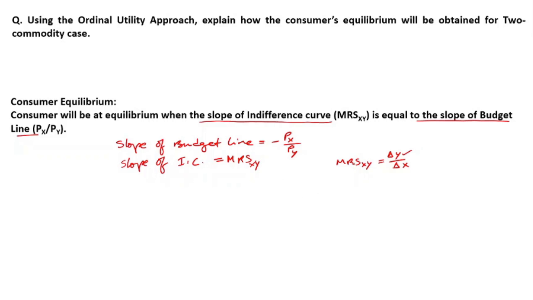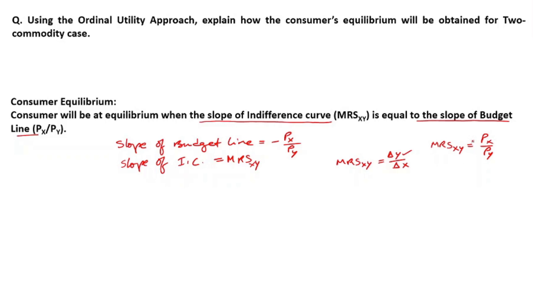Since MRS is assumed to be diminishing, that is MRS is always negative, in the case of consumer equilibrium in the ordinal utility approach we can write the definition as MRS equals px divided by py, ignoring the negative sign because both are negative.